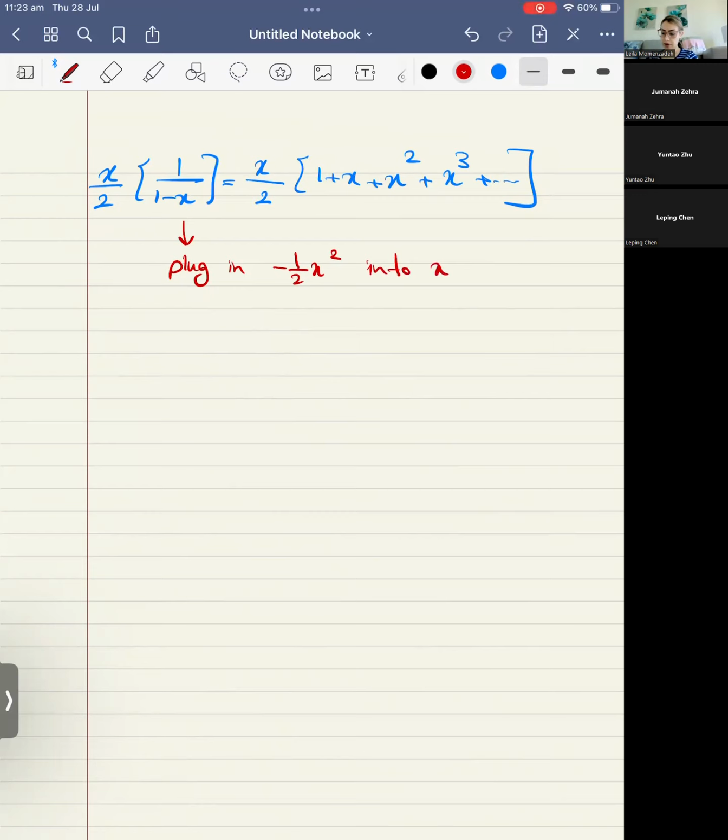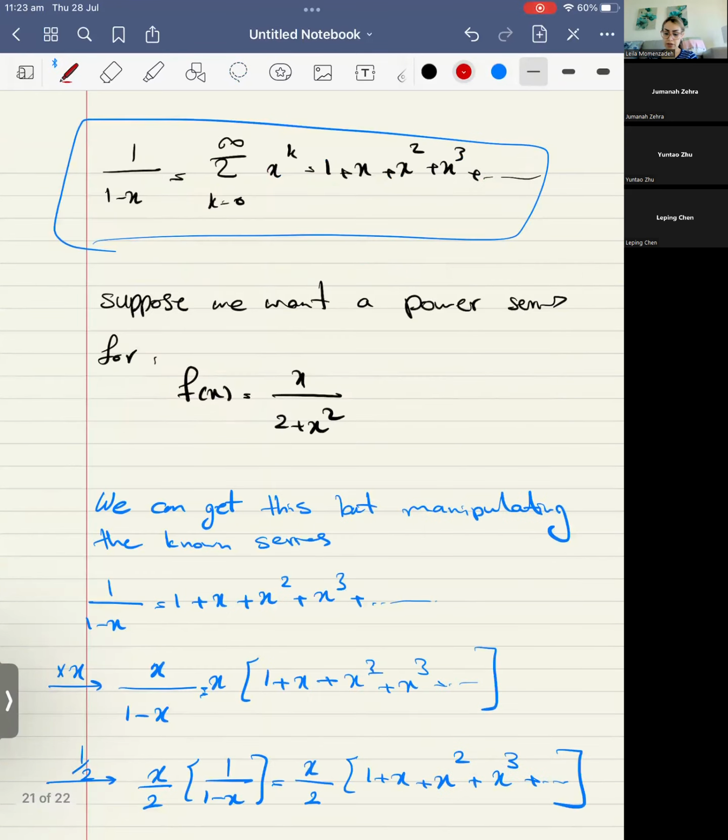You can see if I write x over 2 times 1 over 1 minus minus 1 over 2 x squared, it means that now you don't have x, you have 1 minus over 2 x squared. This one would be equal to x over 2 plus x squared, the same function that you have.